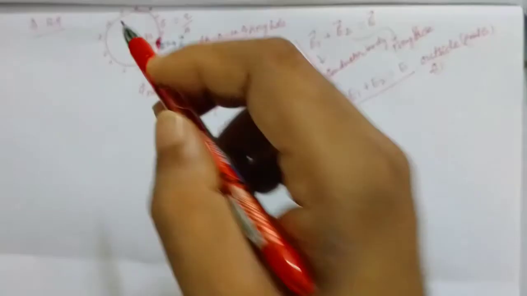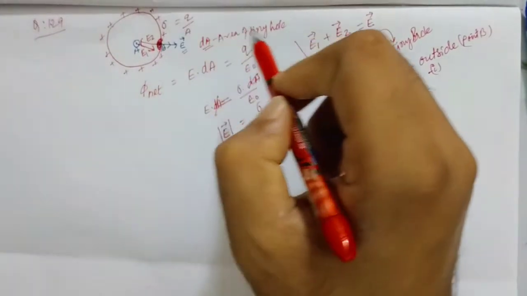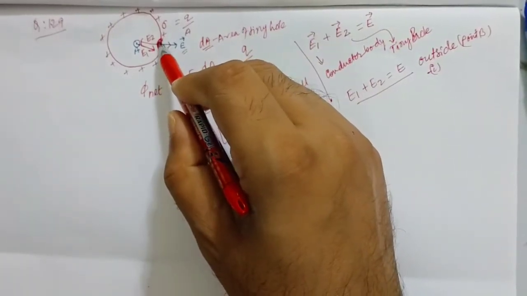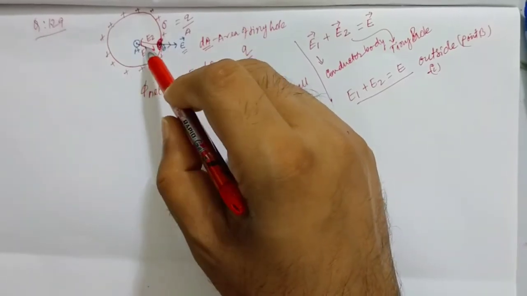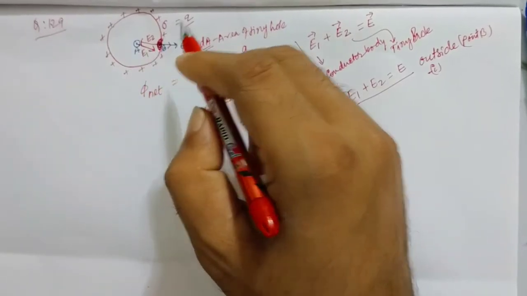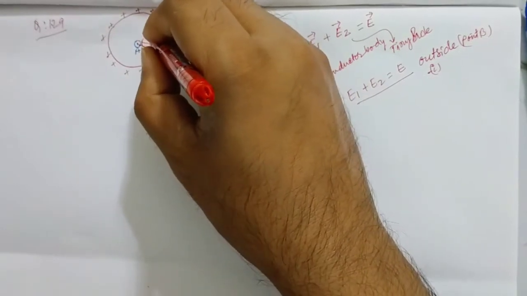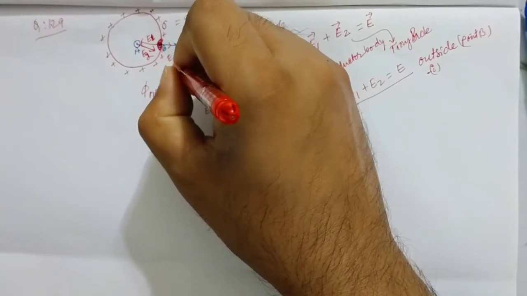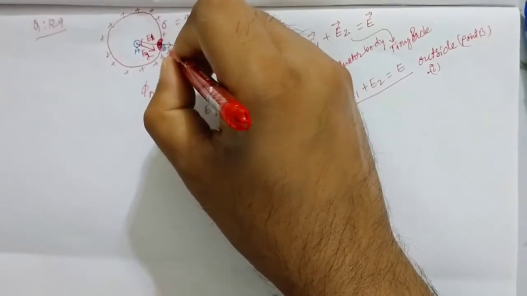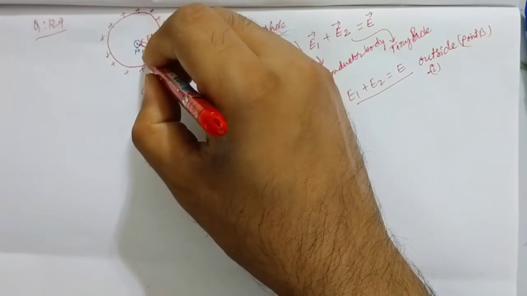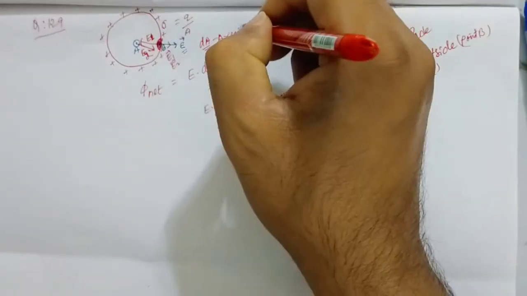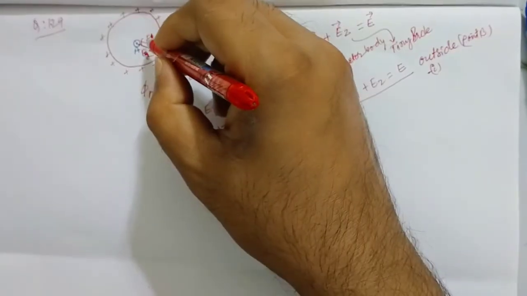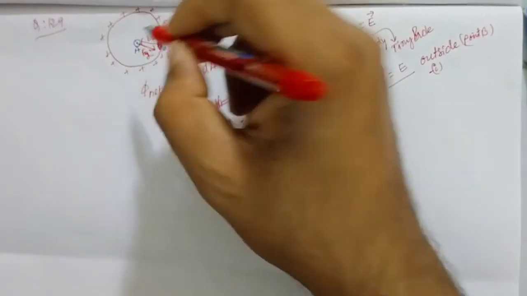Again I am repeating, this tiny surface will also produce E1 field outside the body. Similarly, because this is a point charge, it will again produce E1 this side, this is E1 and this is E2. Here E1 and E2 are both in the same direction outside, whereas E1 due to this tiny hole we consider will work inside.